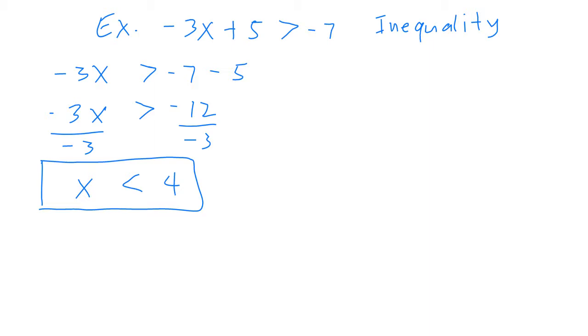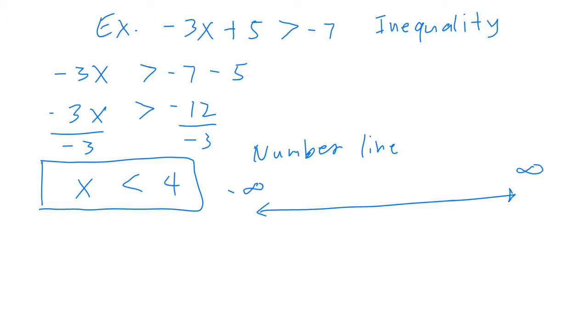In the number line, this can be drawn like this. This is negative infinity here, infinity. We have 0, 1, 2, 3, 4. And then we have less than, so we have to use the empty circle for 4.